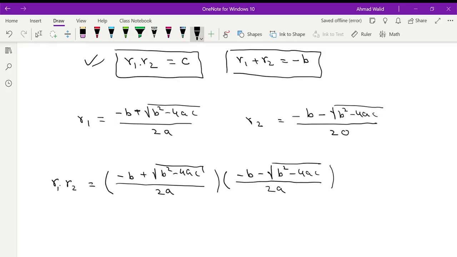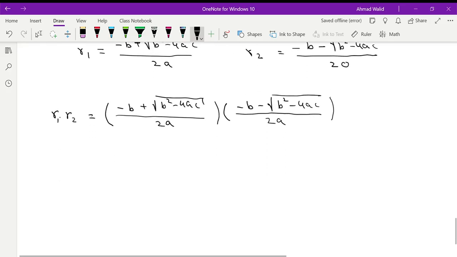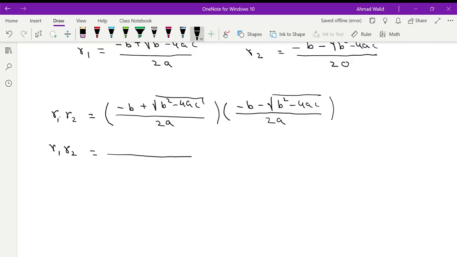Correct? Let's multiply these two parentheses. Then R1 times R2 equals. The denominator is really easy. Let's first multiply the denominator. 2a times 2a gives you 4a squared. Correct?